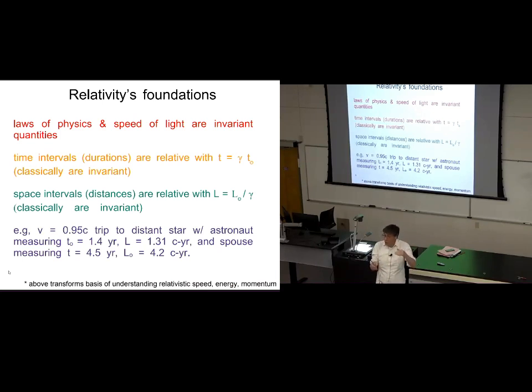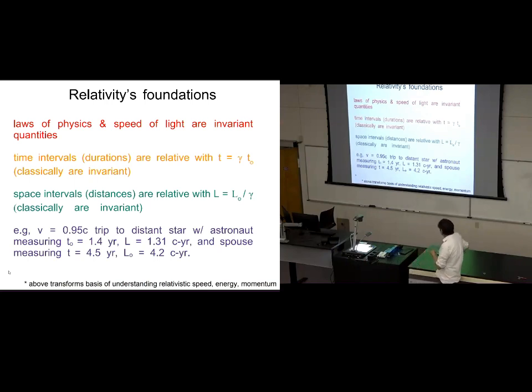That's where you measure the proper length. The spouse on Earth sees the Earth at rest, Alpha Centauri at rest, and the tape measure at rest. So that person is measuring the proper length, the proper distance for the trip. And that's why we call that L0.